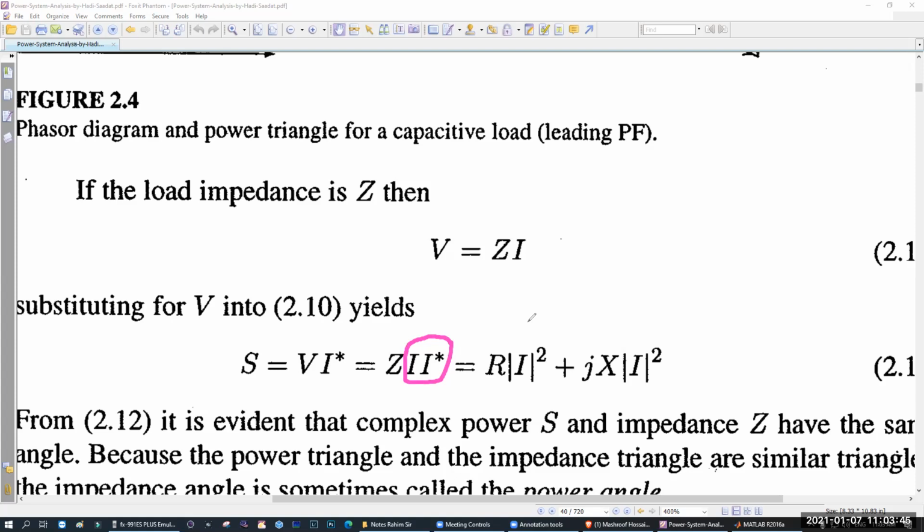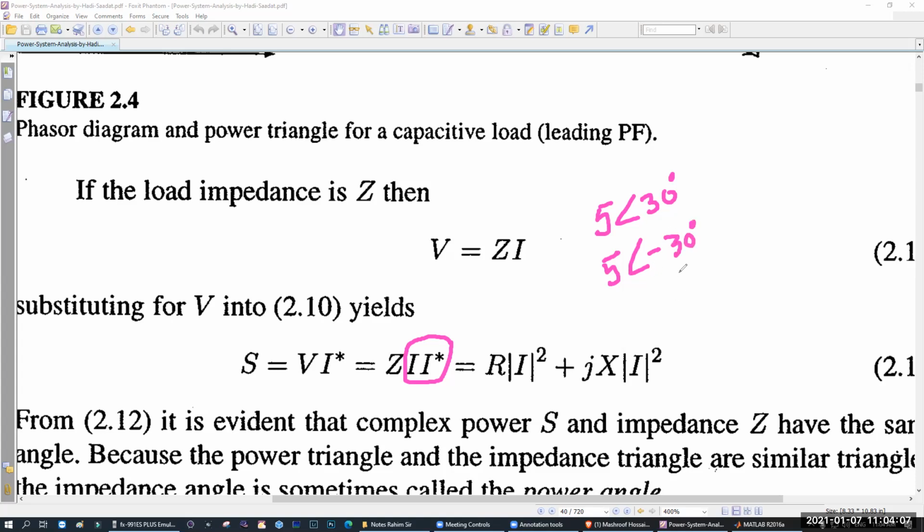What will happen? Anyone? I into I conjugate, what will happen? Let's say I is equal to 5 angle 30. What is I conjugate? 5 angle minus 30.